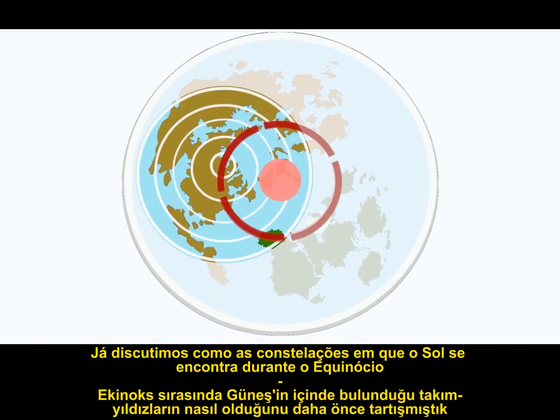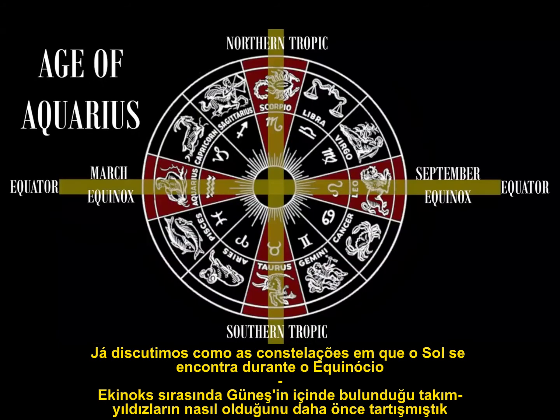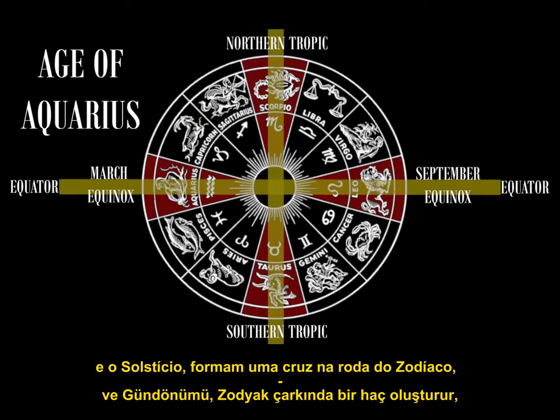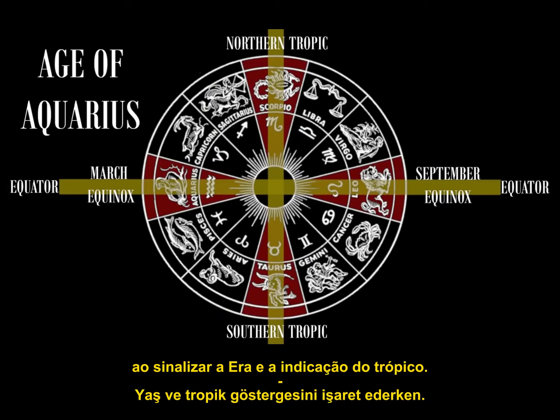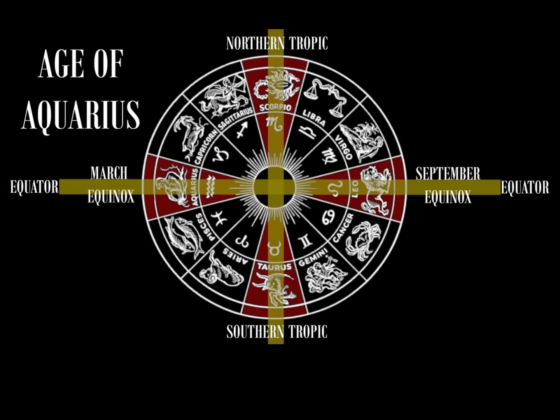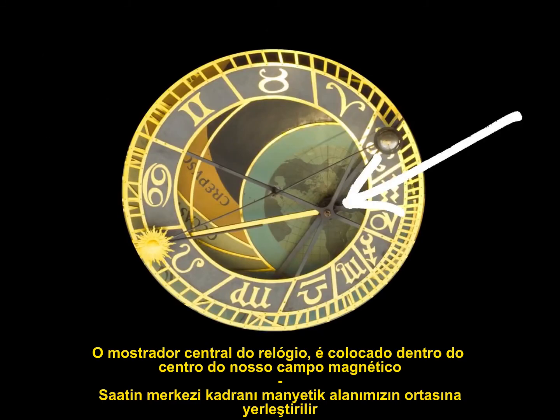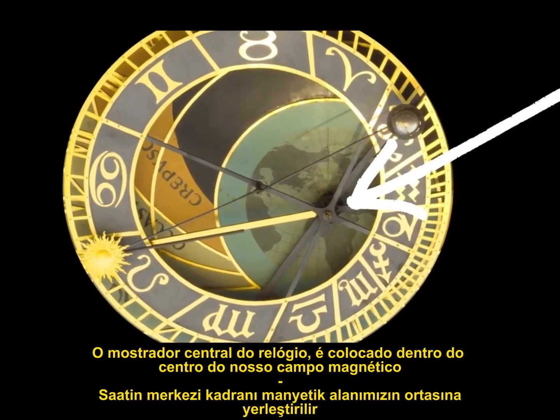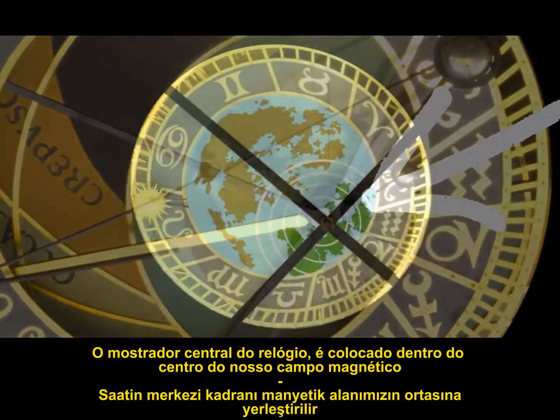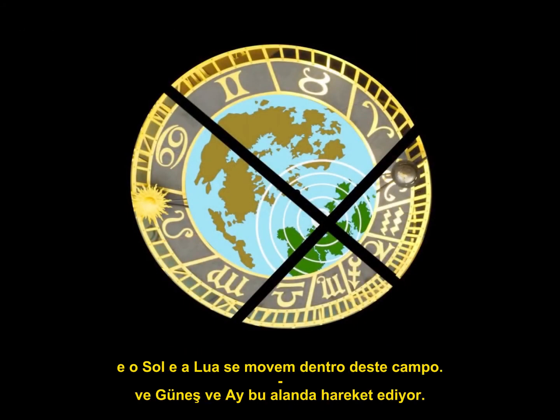We have already discussed how the constellations that the sun is in during the equinox and solstice form a cross on the zodiac wheel when signaling the age and tropic designation. We'll look closer at the Prague clock again. The central dial of the clock is placed within the center of our magnetic field, and the sun and moon move within this field.